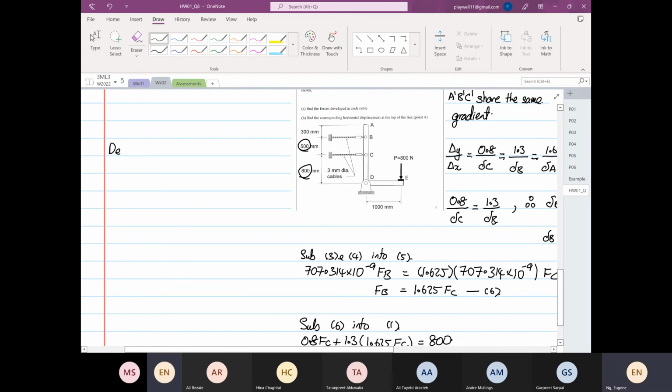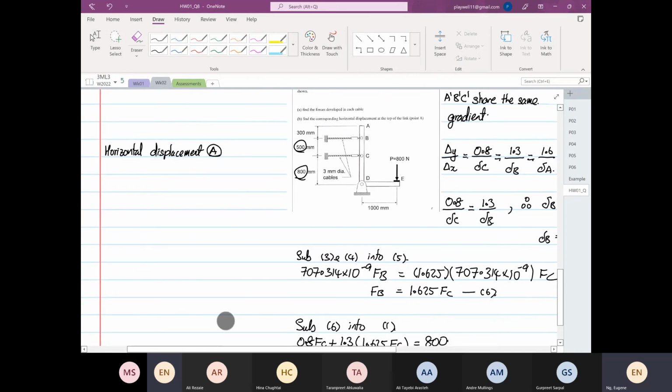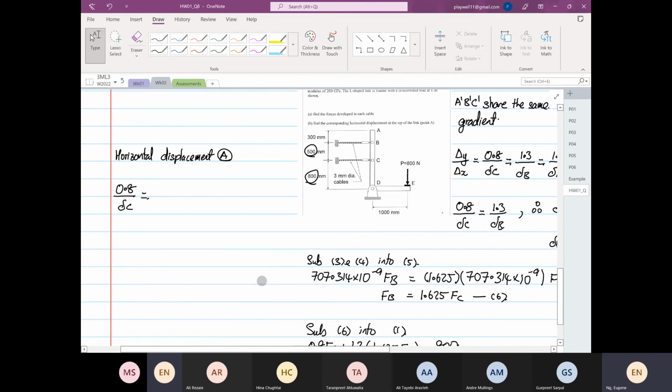The horizontal displacement of point A. Okay, the horizontal displacement at point A. So what we have over here, we can use 0.8 over delta C is equal to 1.6 over delta A.